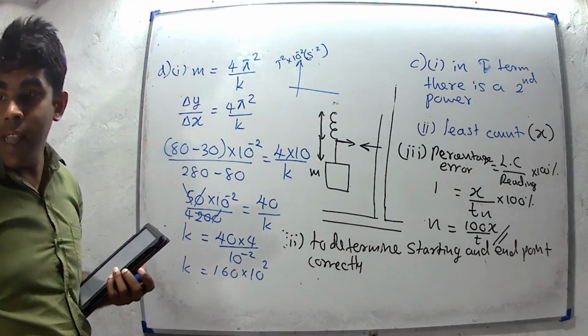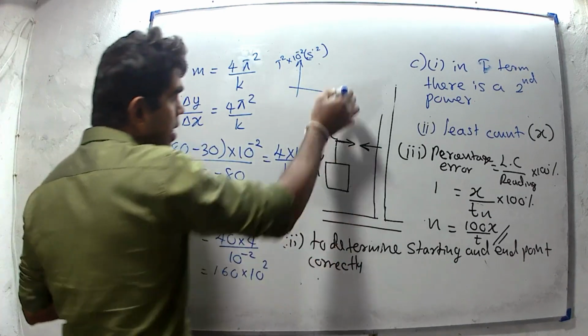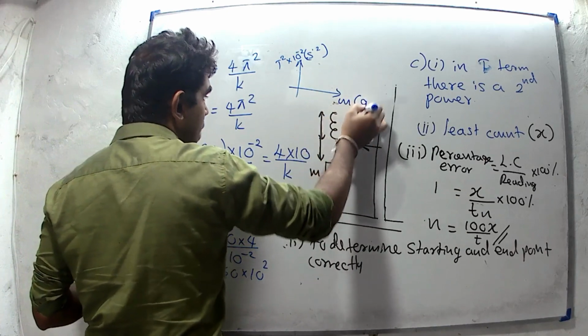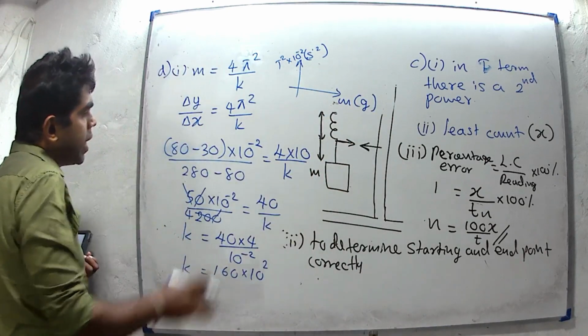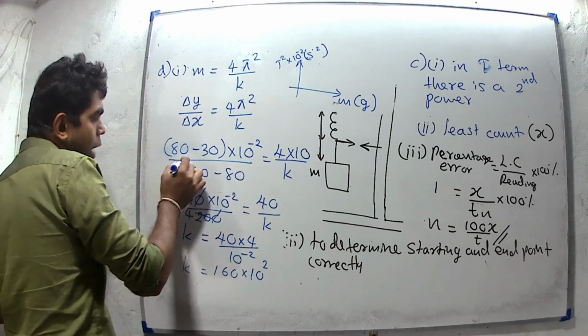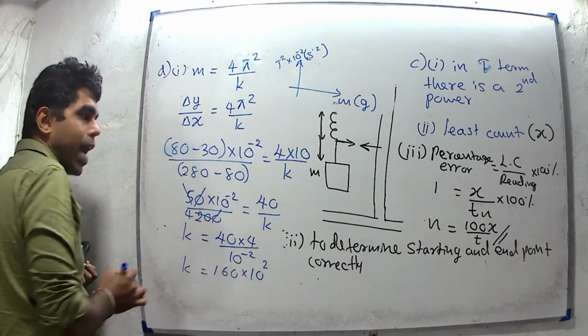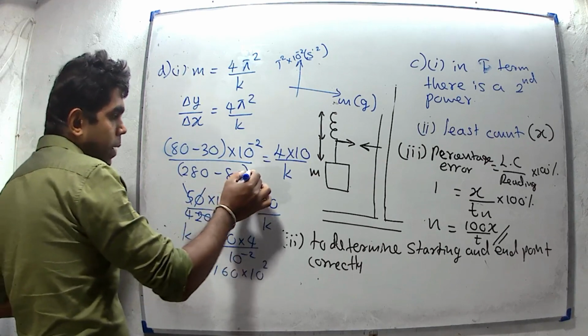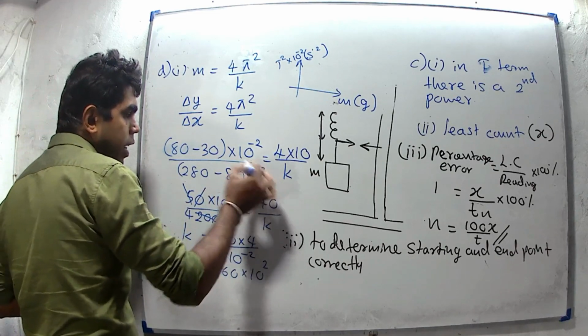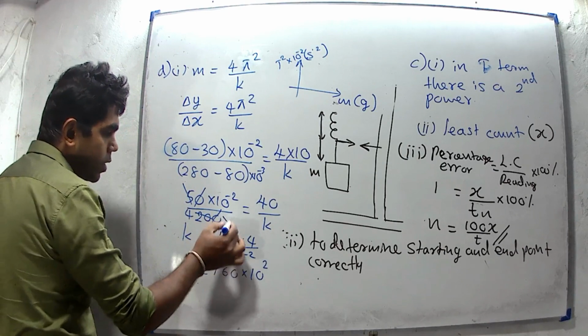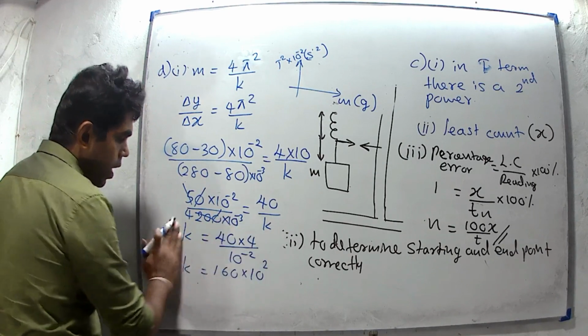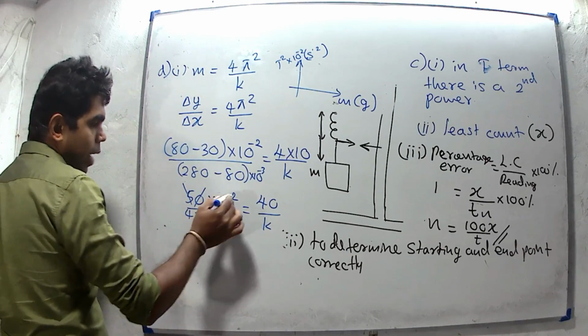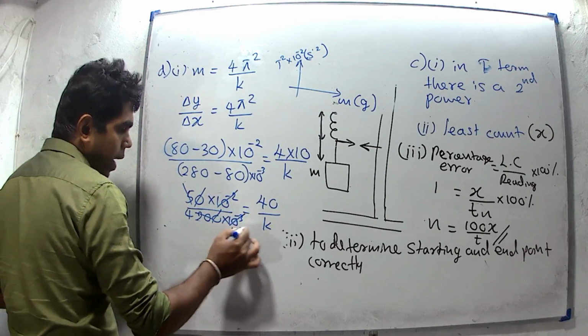It is in SI unit. But the x-axis they have marked in grams. Therefore, when considering the difference of x, we have to convert this value to kilograms. Then we can multiply by 10 to the power minus 3 to convert to kilograms. Then we can cancel out 10 to the power minus 1.